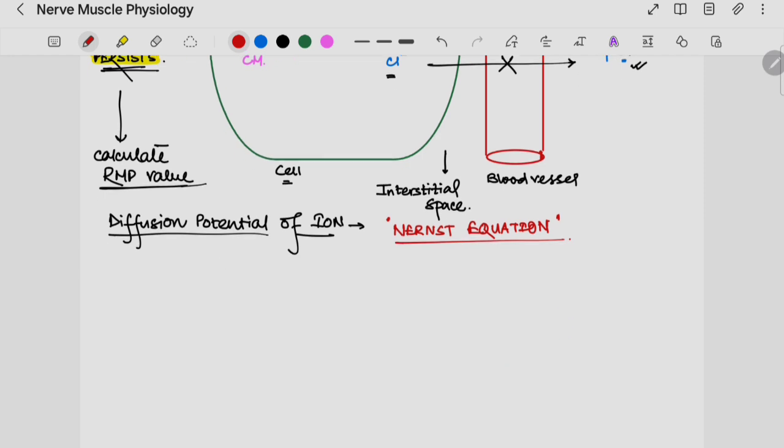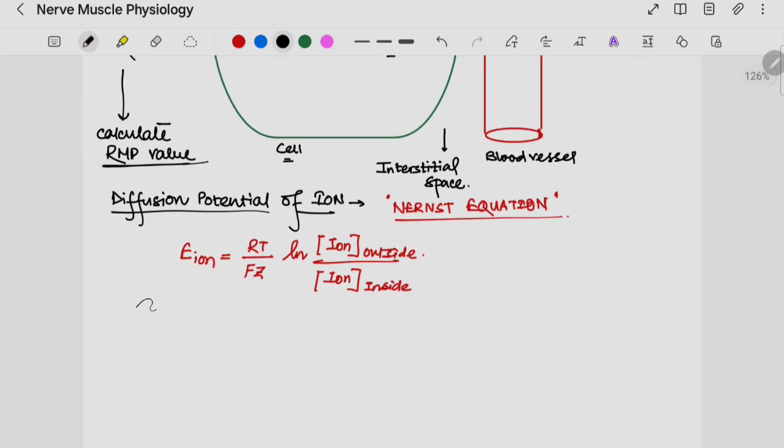So Nernst equation is E of that ion equal to RT by Fz log or natural log of that ion outside of the cell by ion inside of the cell.